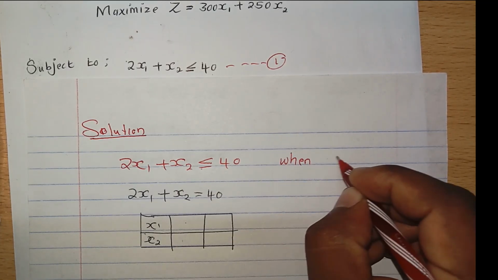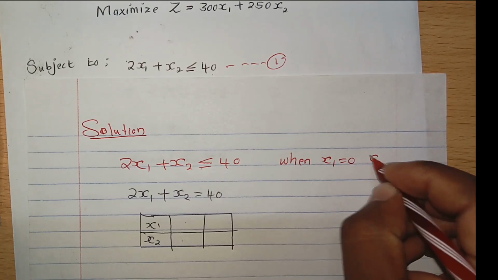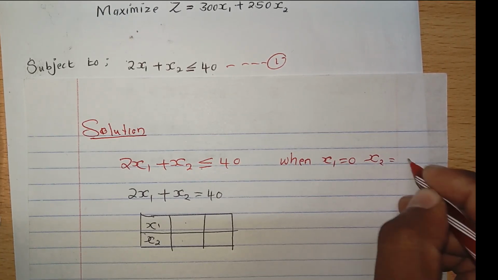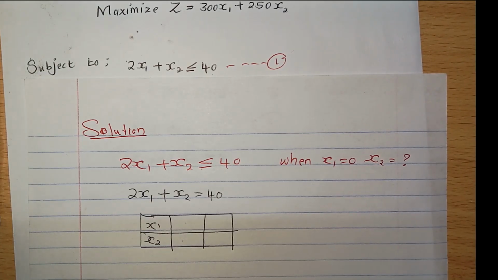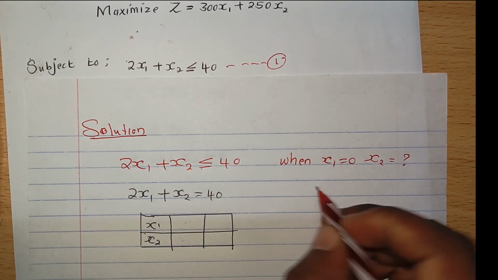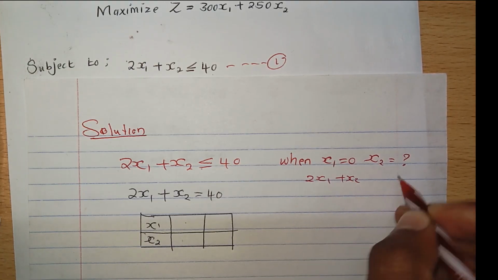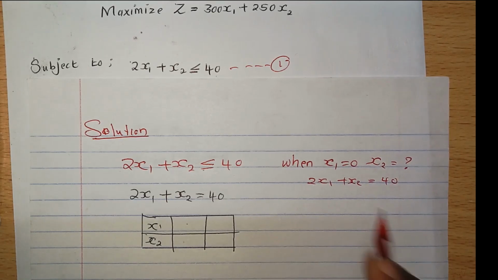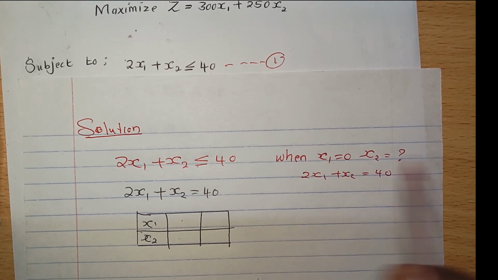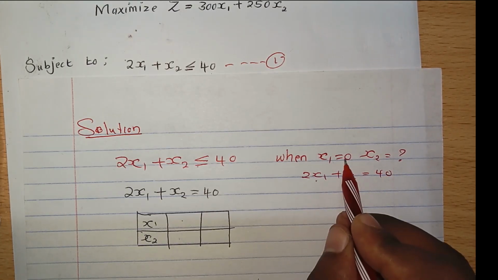So when x1 is equal to 0, what is the value of x2? Because the constraint function says 2x1 plus x2 equals 40, and we have said that when x1 is 0 we are finding the value of x2, we replace x1 with 0.